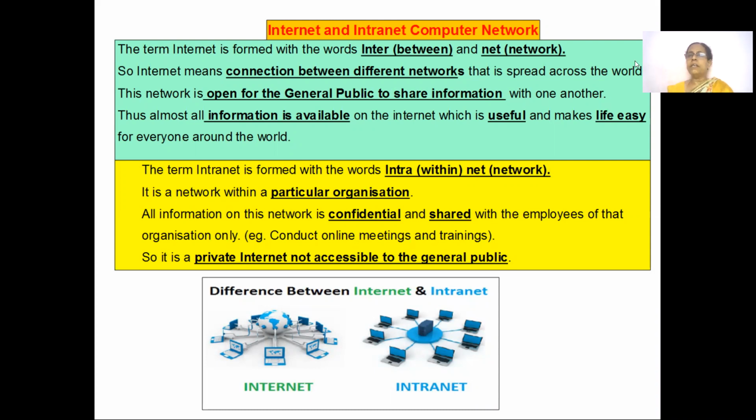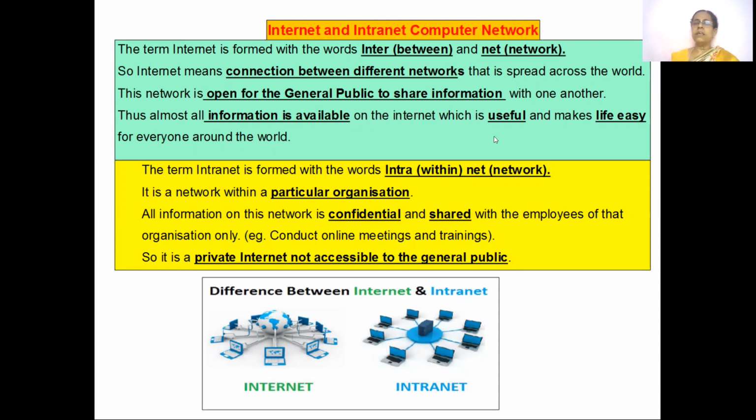And this internet is open for the general public to share information. Anybody can use the internet, and it helps us to share information. Also, we can collect information from the internet. In today's life, none of us can live without the internet. It's very useful and it makes our work very easy.